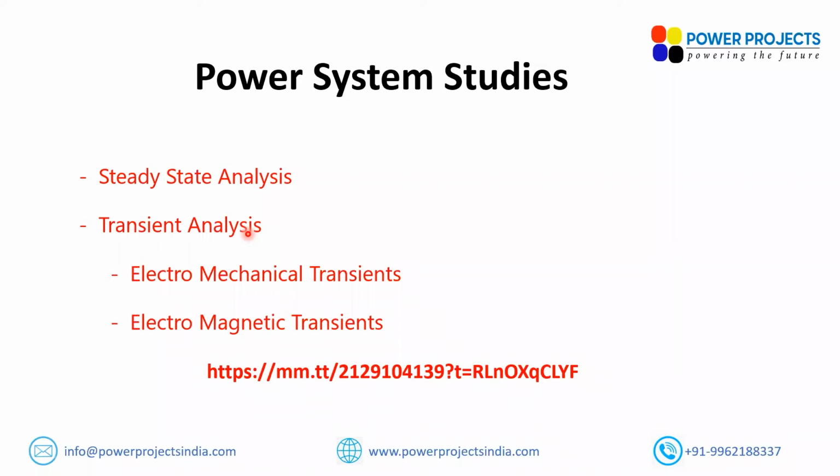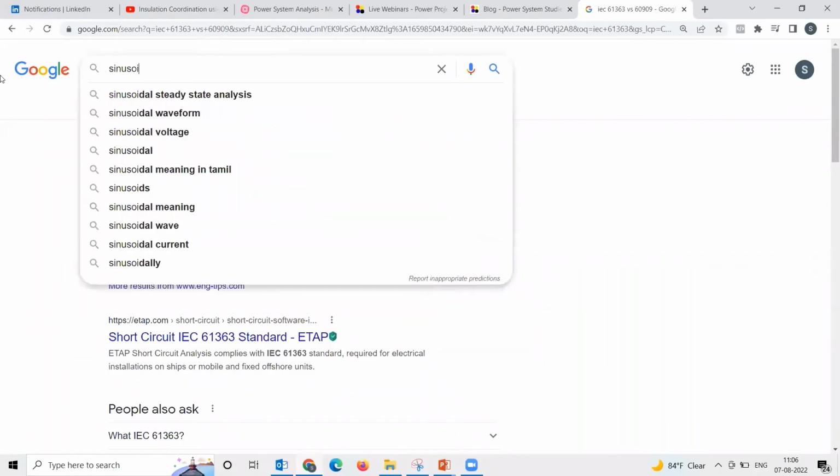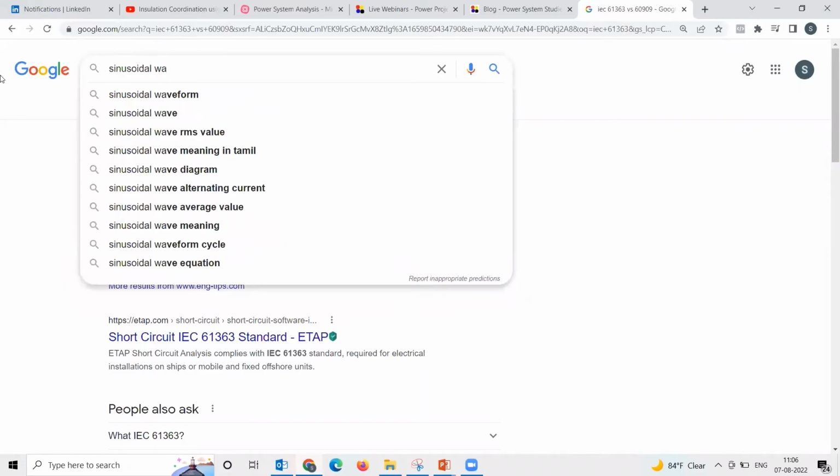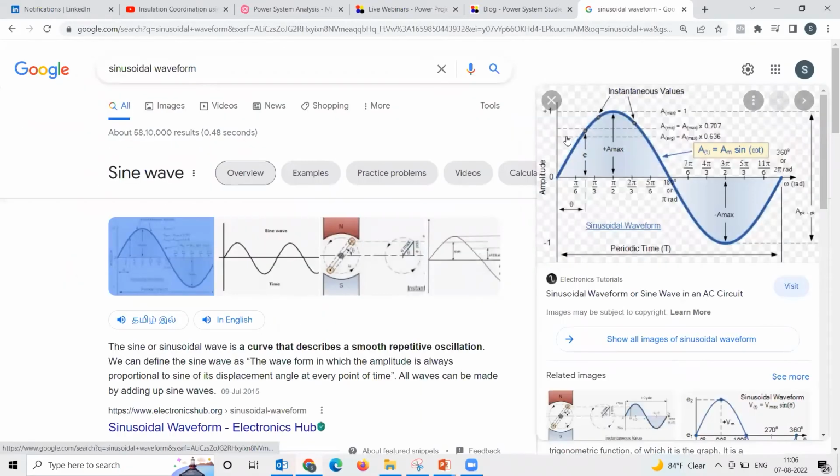What I mean is, in a sinusoidal wave, the fault could occur at the maximum voltage, at the minimum voltage, or at the negative maximum, etc. When you perform a short circuit study in ETAP, you will not be able to change the instant at which the fault has occurred. What I mean, let's put a sinusoidal wave just for clarity.